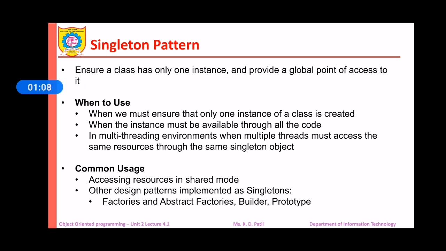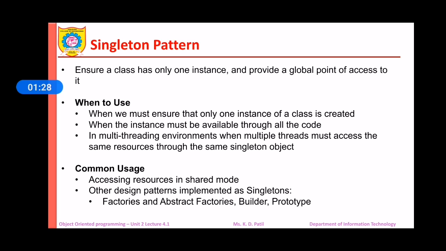Let us see singleton pattern. The singleton design pattern ensures a class has only one instance and provides a global point of access to it. It ensures a class has only one instance, that means a class has only one object.